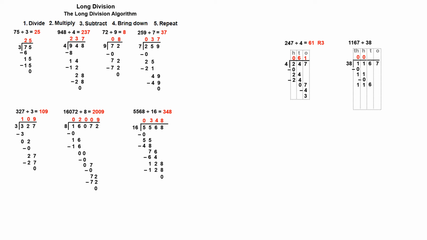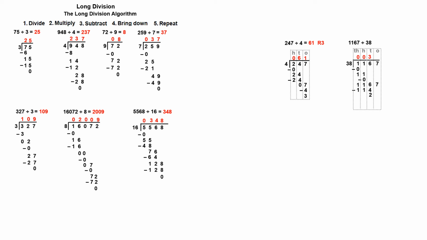We put the 3 in the quotient in the tens place. Multiply 38 and the 3, then subtract 114 from 116 and bring 7 down.